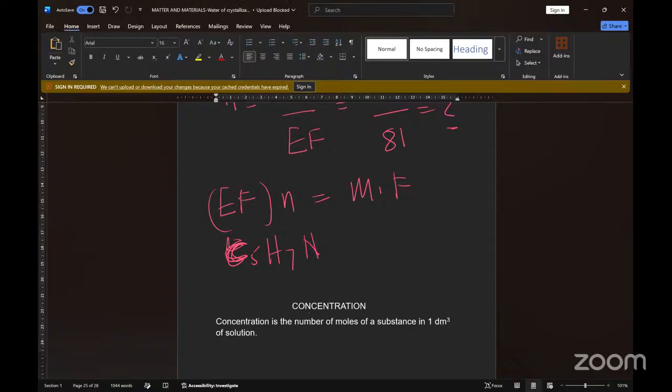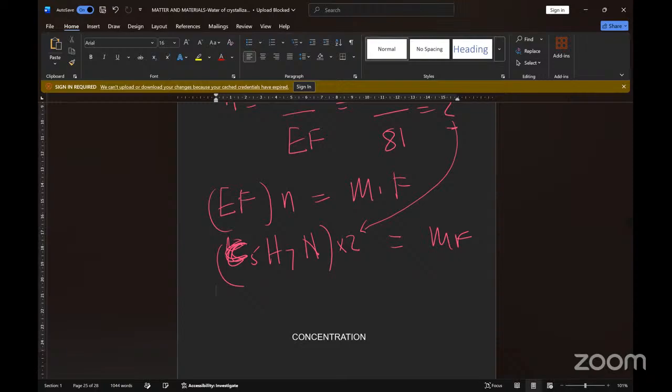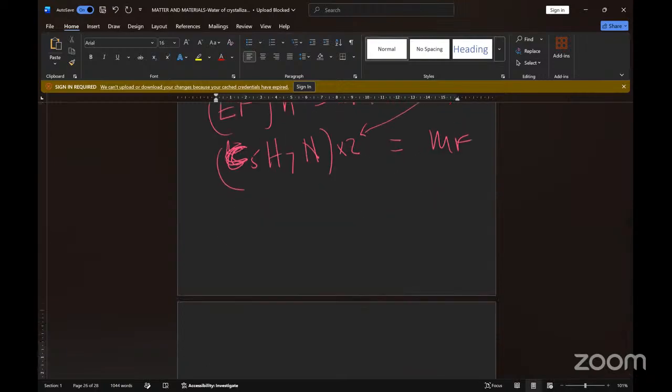The n is 2. By the way, this is nitrogen. This is just a small letter n. It can be x, it can be anything. So we are going to say times 2. This value 2 comes here, and whatever you get becomes your molecular formula. So we must multiply through by 2.